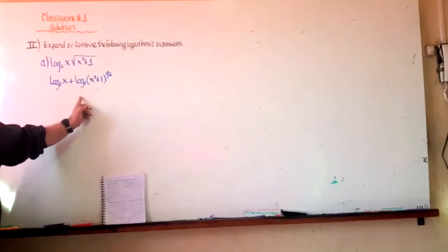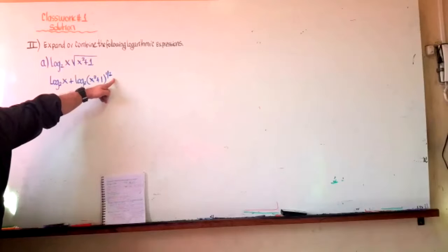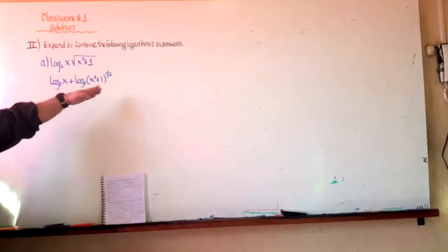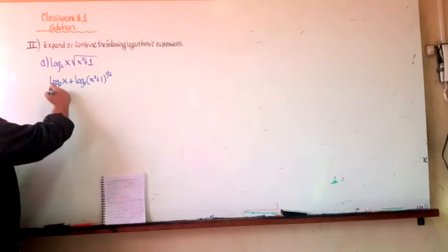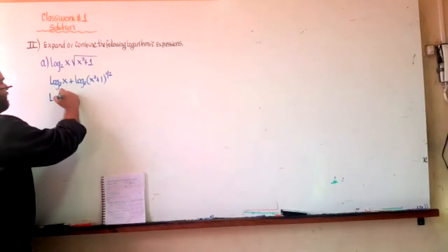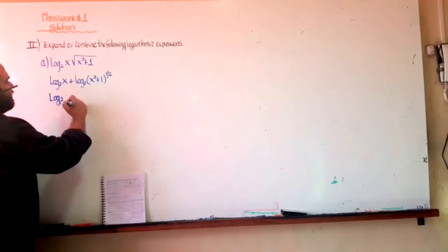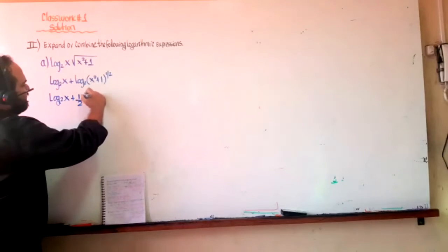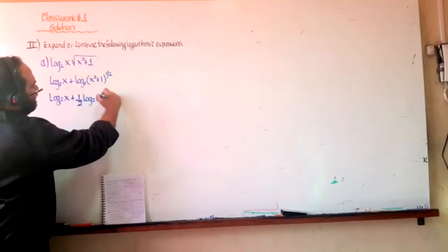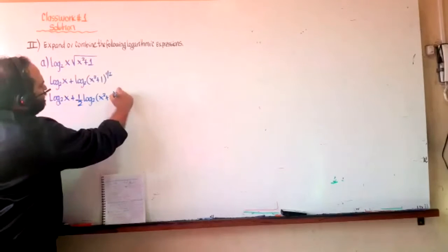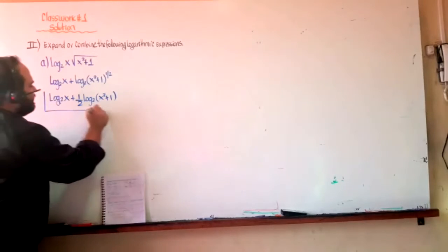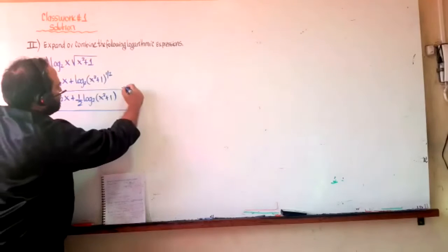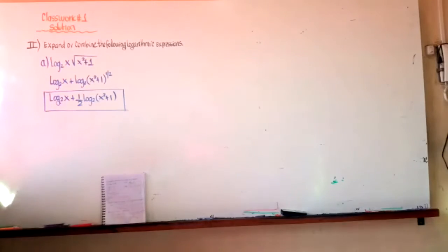In every expression which has a power, it doesn't matter if we have a positive, negative power, or fraction power, those powers pass to multiply the logarithmic expression. So for that reason, log base 2 x plus 1/2 log base 2 parentheses x squared plus 1. This is going to be the solution set from the first problem.